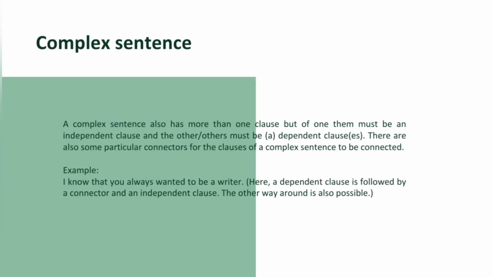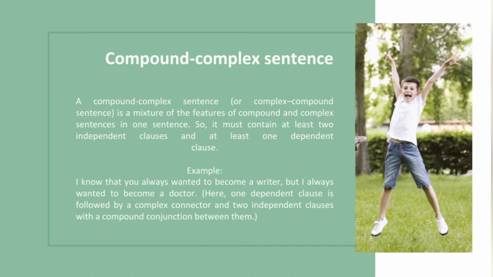The fourth is compound complex sentence. A compound complex sentence is a mixture of the features of compound and complex sentence in one sentence. So it must contain at least two independent clauses and at least one dependent clause.